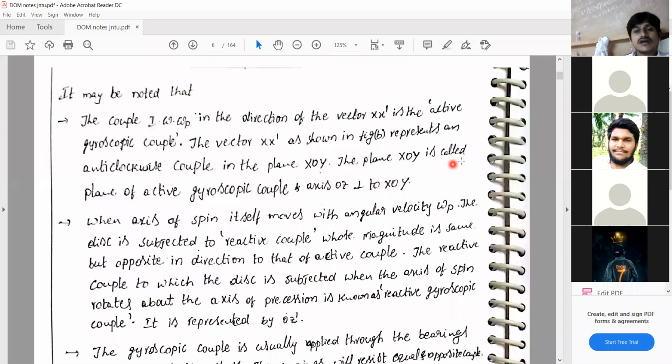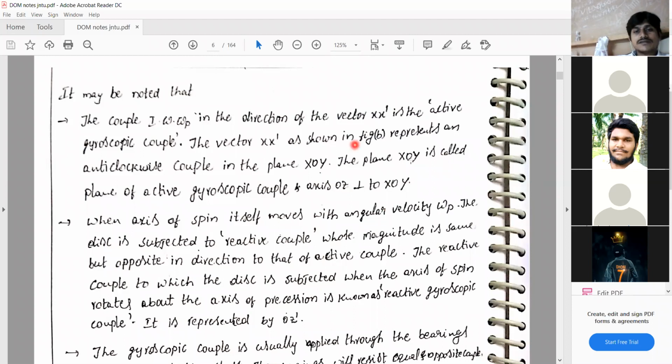The plane XOY is called the plane of active gyroscopic couple. So when it goes from x to x dash, towards the upside, that plane is called the active gyroscopic couple, and the same plane generating towards the bottom side is called the reactive gyroscopic couple.